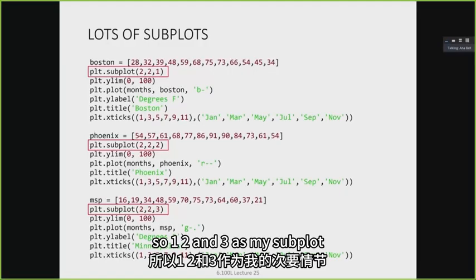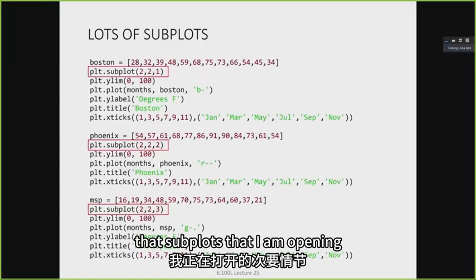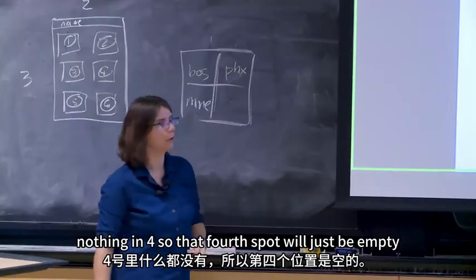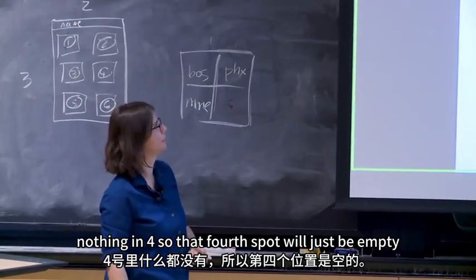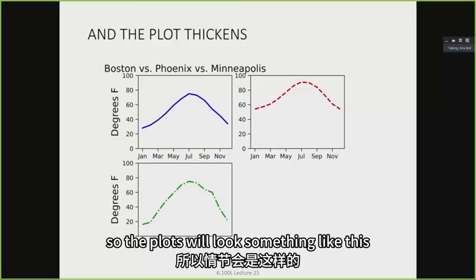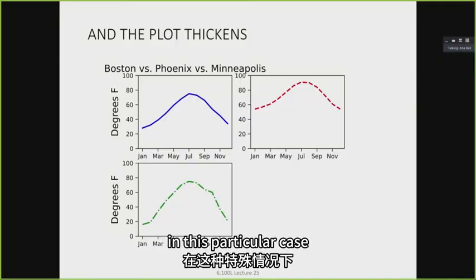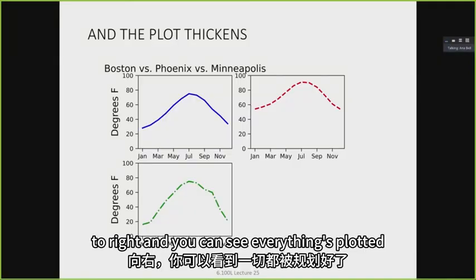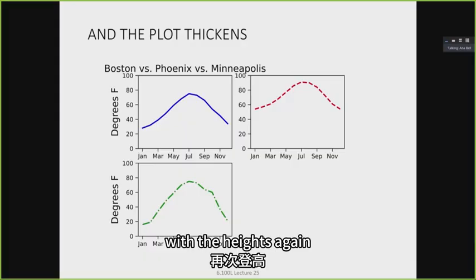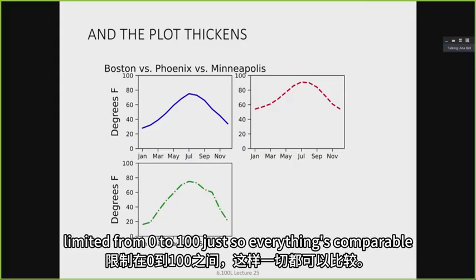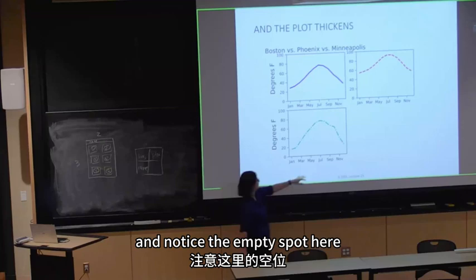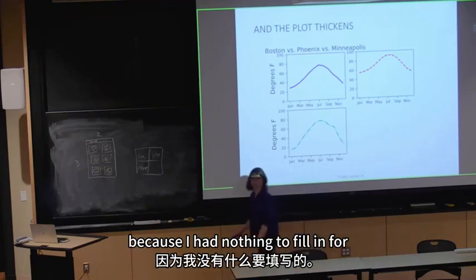So 1, 2, and 3 as my subplots that I'm opening. Nothing in 4, so that 4th spot will just be empty. So the plots will look something like this. And I haven't changed the line widths in this particular case. I didn't need to, right? And you can see everything's plotted with the heights, again, limited from 0 to 100, just so everything's comparable. And notice the empty spot here, because I had nothing to fill in for.